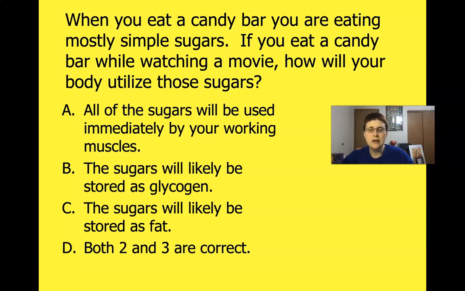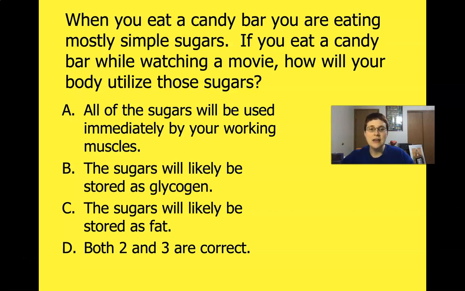A, all of those sugars will be used immediately by your working muscles. B, the sugars will likely be stored as glycogen. C, the sugars will be stored as fat. Or D, both B and C are correct.